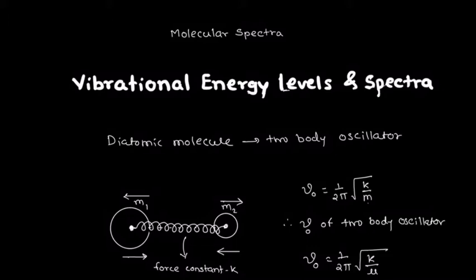Such a molecule acts as a two-body oscillator. For that two-body oscillator, we first find its frequency of vibration, and then it is possible to find the discrete energy levels for the explanation of the vibrational spectra.